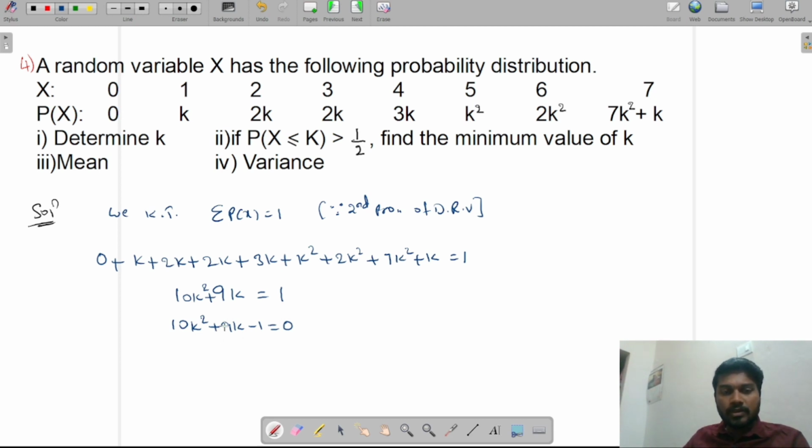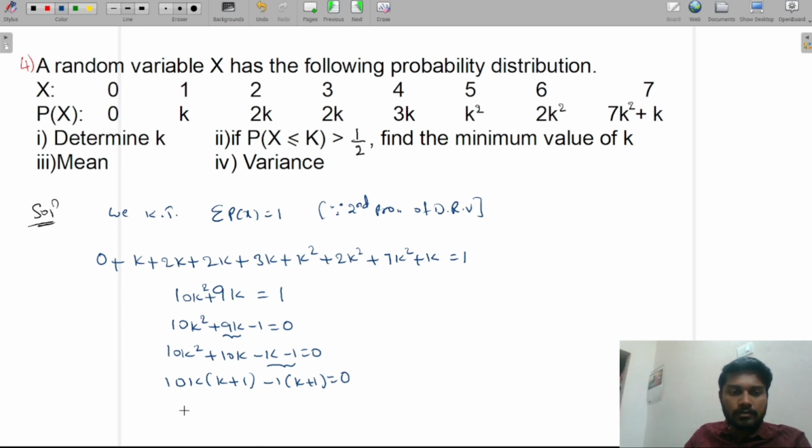So I'm finding the roots. I think you all know how to find the roots. 10 ones are 10, I need a 9, so I write 10k square plus 10k minus k minus 1 equal to 0. Taking 10k common from the first two terms, I get k plus 1, and from the last two, taking minus 1 common, I get k plus 1. So k plus 1 into 10k minus 1 equal to 0.